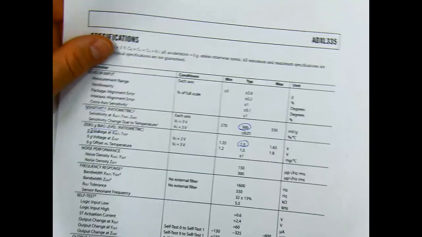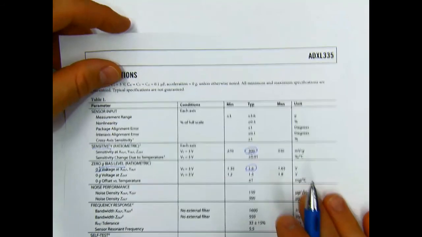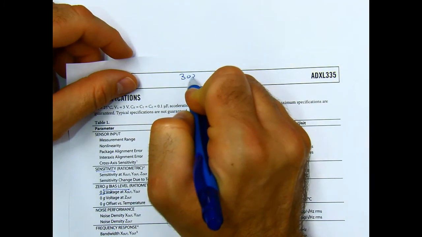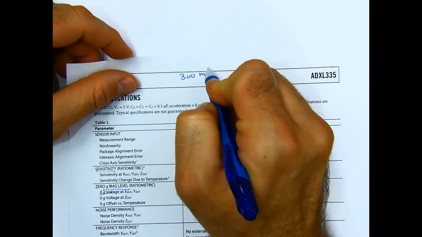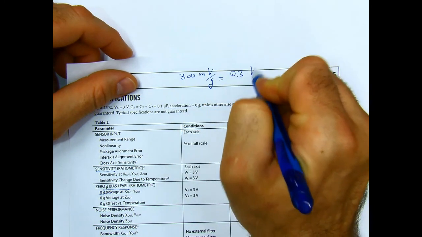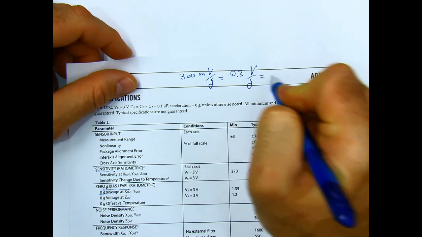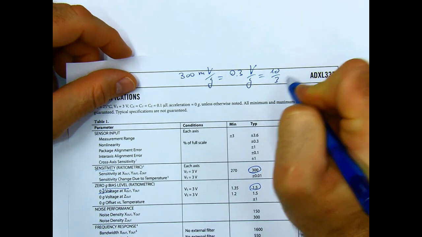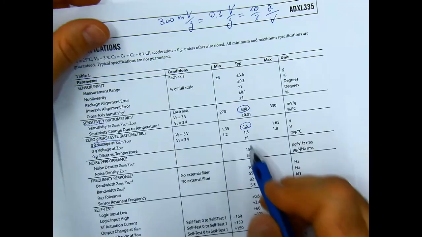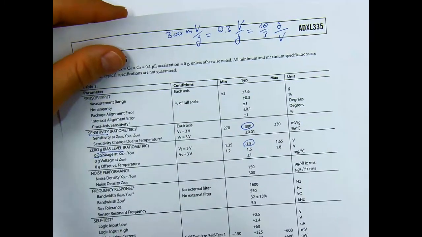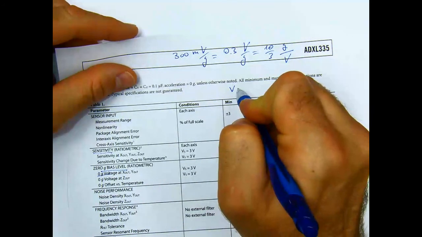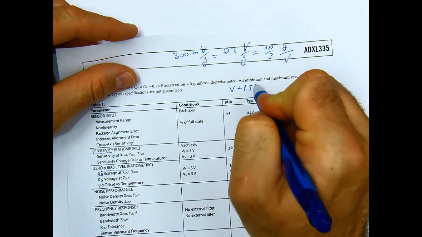To use the sensitivity, we are starting with 300 millivolts per G, which is the same as 0.3 volts per G, which is the same as 10 over 3 G per volt. But we also have the bias. So the conversion goes like this. We have the voltage from the sensor with the bias.